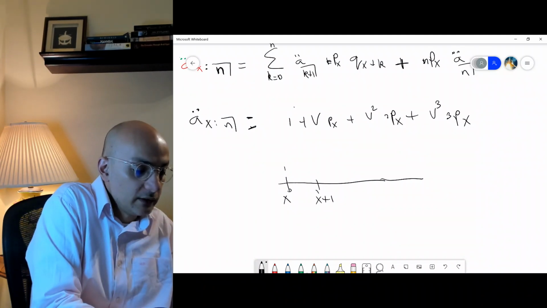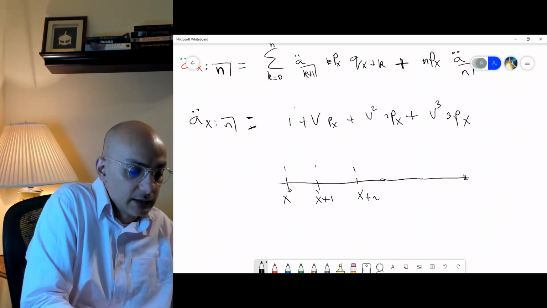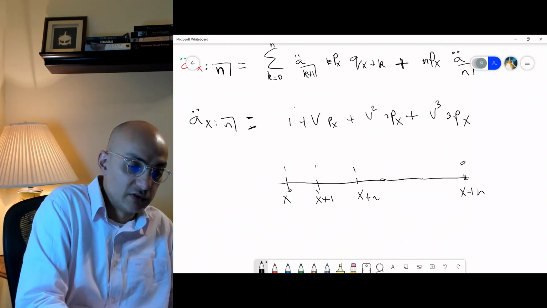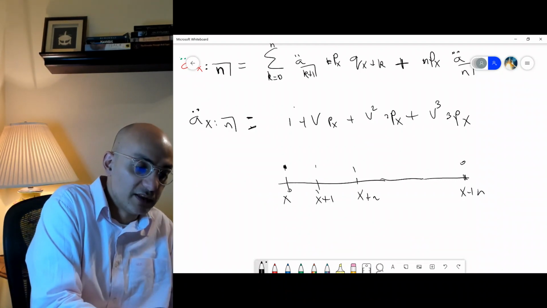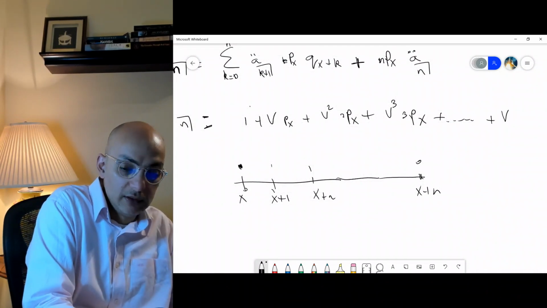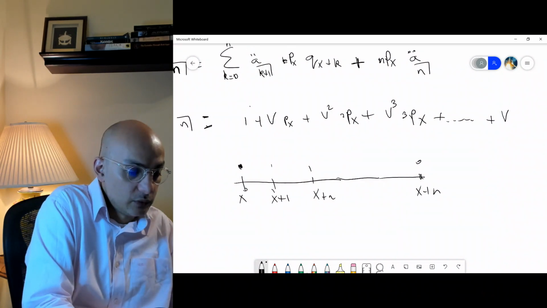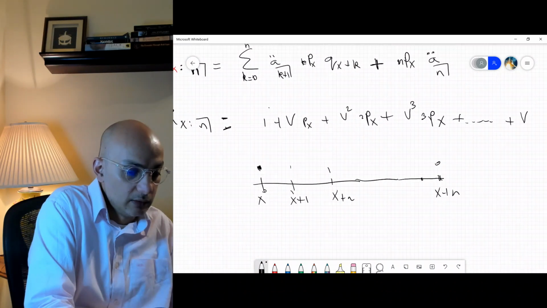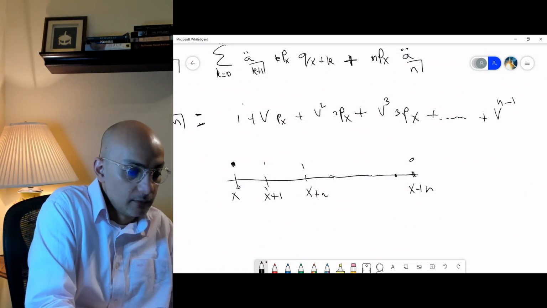So here you get 1, here you get 1, so it becomes v. Now x plus 2, you get another v. Now the last one here at x plus n, you get 0, right? So you need to be careful about this one, because the last is paid at the beginning of the year, not at the end of the year. So the last one will be v to the n minus 1, and p x to survive to n minus 1, right?